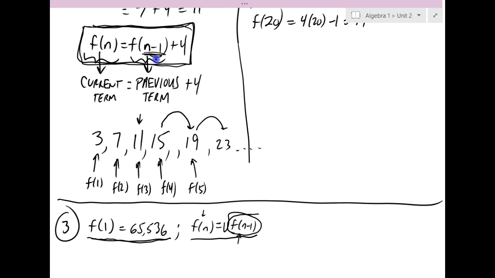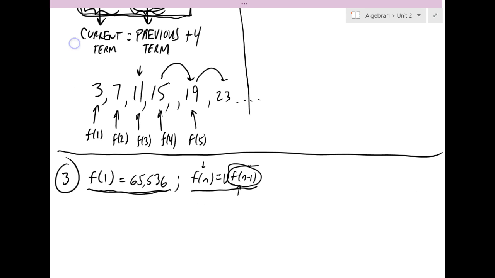Yes, when you see f of n minus 1, that always means the term that comes right before f of n. So that always means previous term. So if you have a formula that is referencing the previous term, then it has to be recursive. That's the only kind of formula that references a previous term.